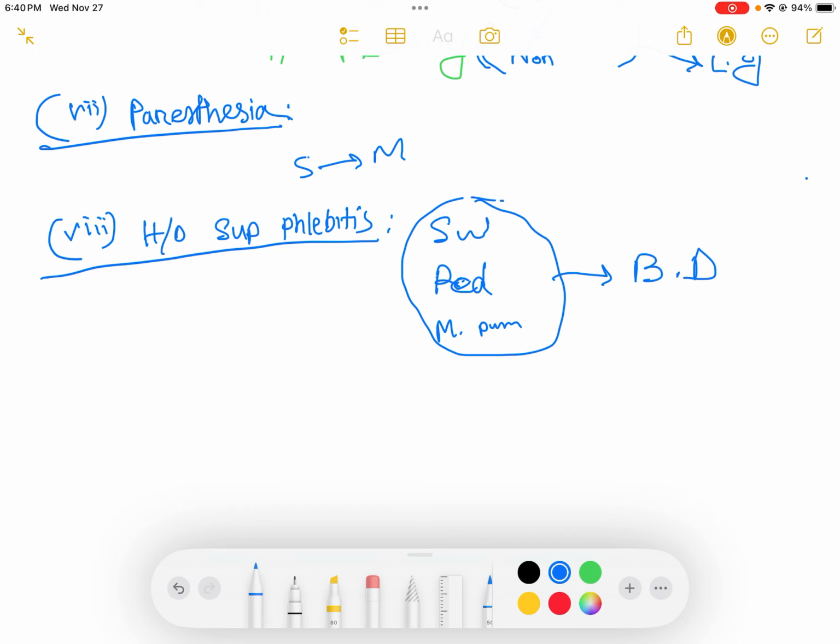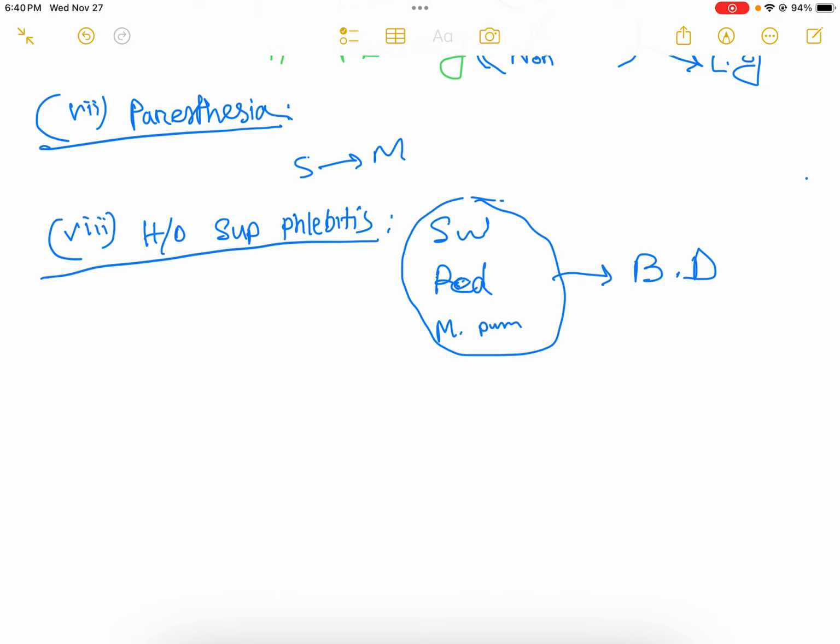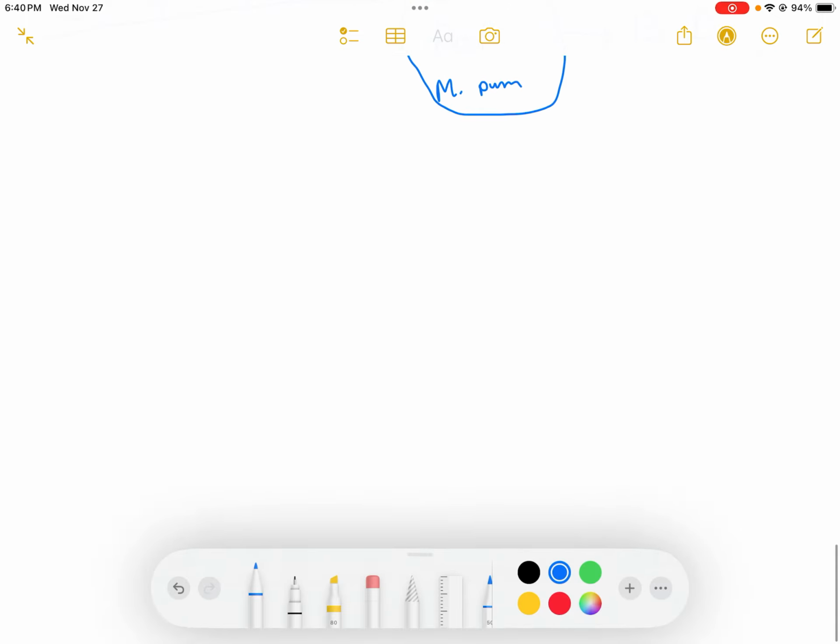Number 9, involvement of other arteries.